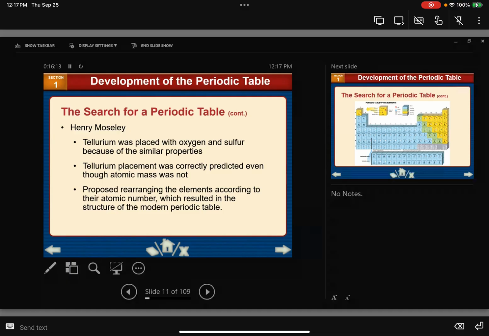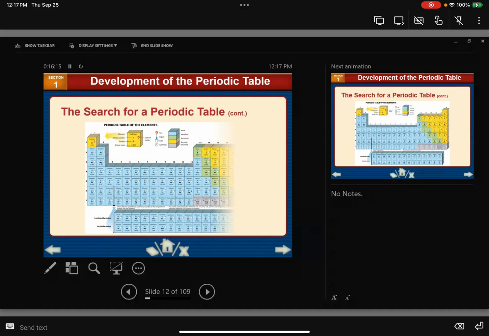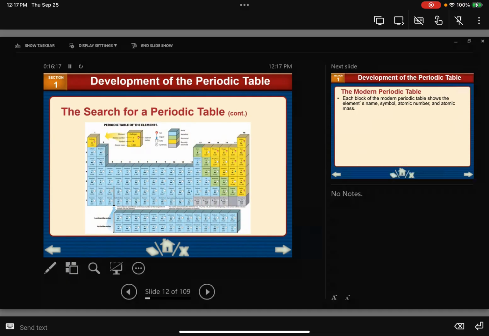So if we were to look at our periodic table here, which is on page 90 and 91, you also have a copy of that periodic table on the back covers of your book. You can't see that very well, but tellurium is element number 52.